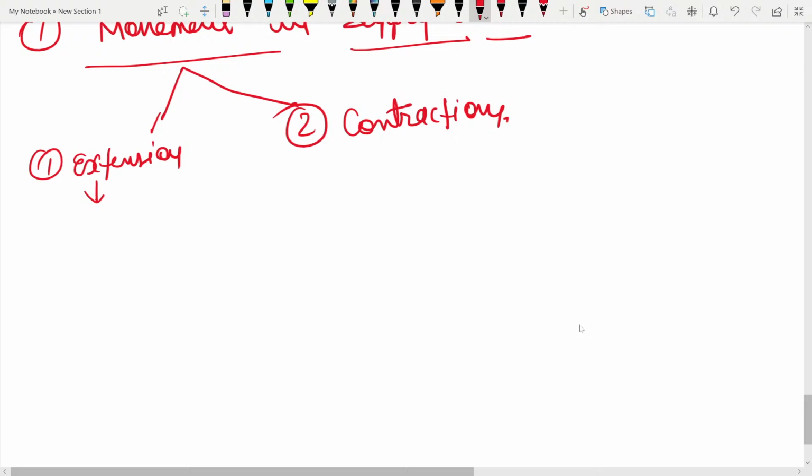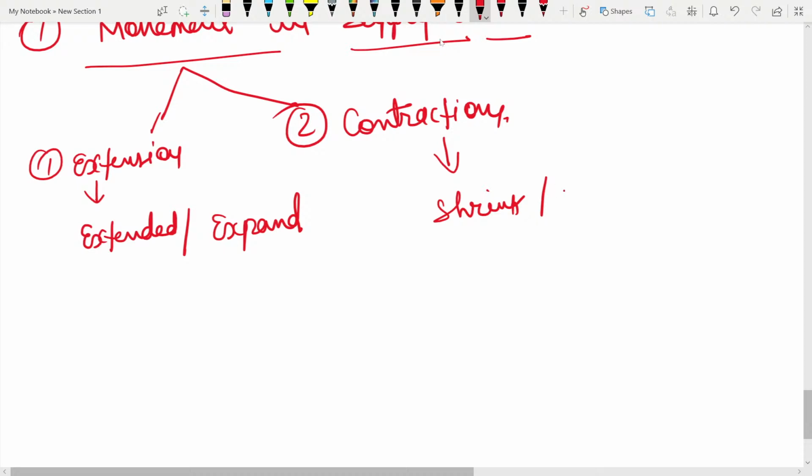Okay, so we can say extended, or we can also say expand. But if we say contraction, that means shrink and contract. So this extension and contraction comes in movement.